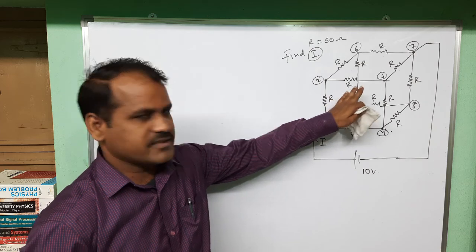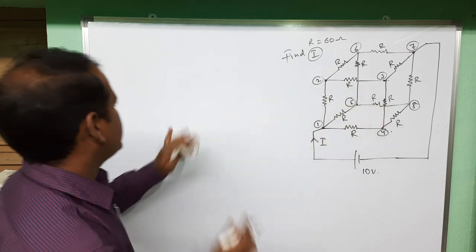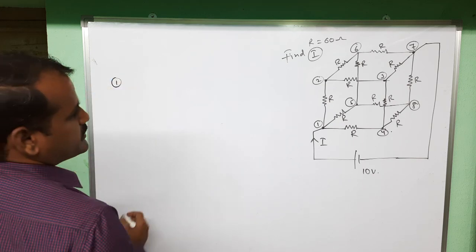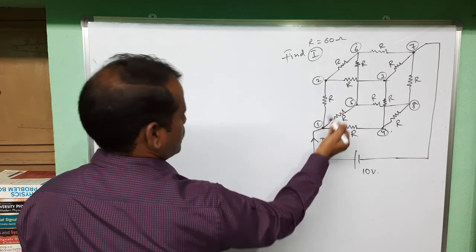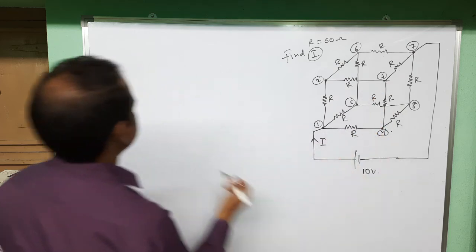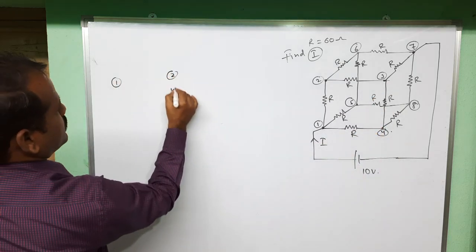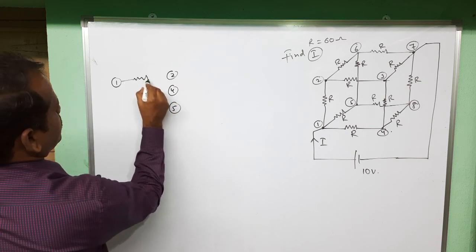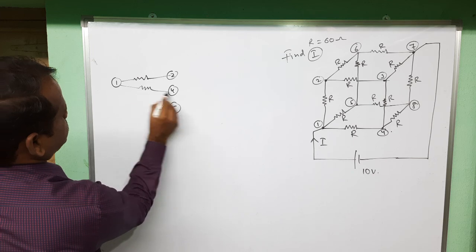I am rearranging this resistor configuration like this. Observe, the first node is connected to the second, fifth and fourth. So second, fourth, fifth, these three are connected with one resistor each.